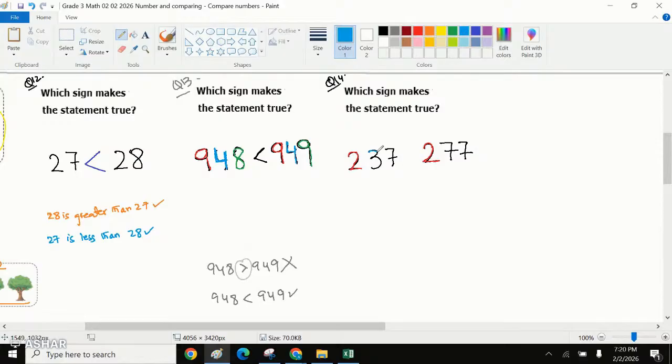Then we look at the tens. The tens was a 3. That means 230 something, right? 237. And this was 277, right? So which would be greater? We would say, since that is, yes, thank you, Ethan. Okay.